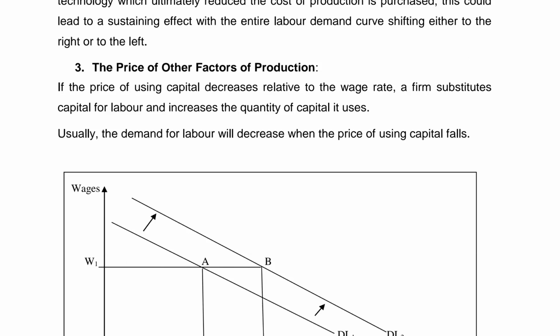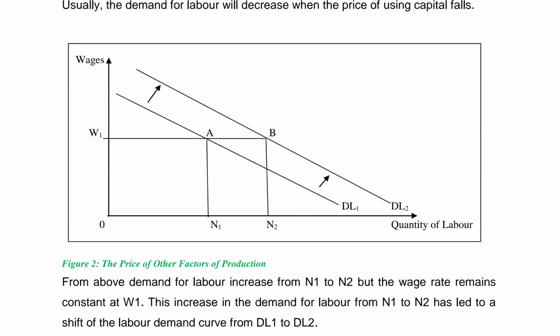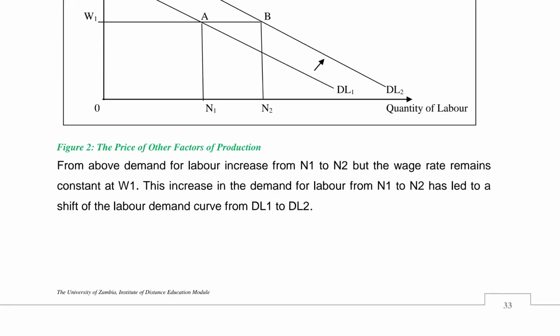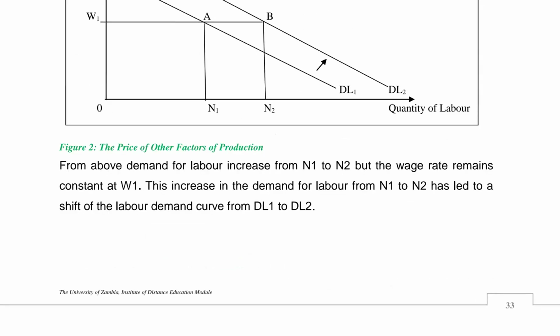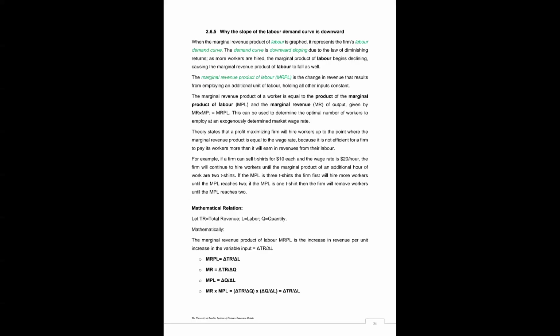If it becomes cheaper to use capital, then you get capital instead of labor. You have to pay attention to the price of the other factors. This is very, very important, and it really does matter.